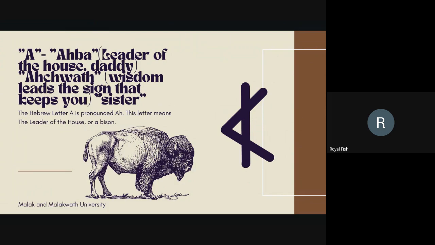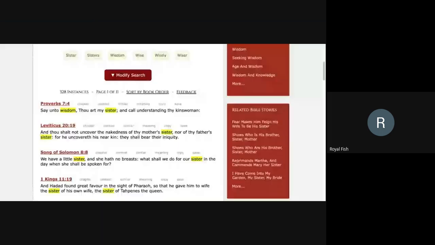We're instructed to name wisdom as our sister. Pretty sure it's in Proverbs. Okay, yes, Proverbs 7:4. So I'm going to share this tab. Proverbs 7:4: Say unto wisdom, thou art my sister, and call understanding thy kinswoman.